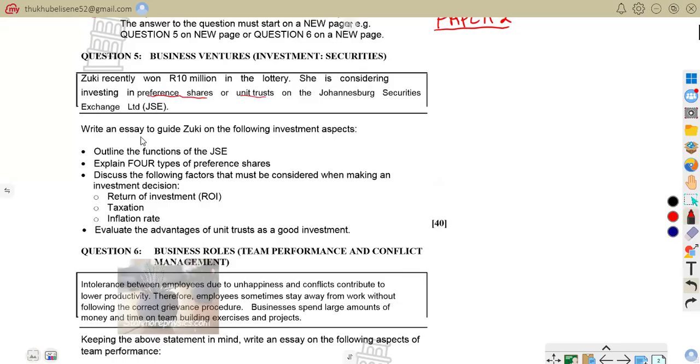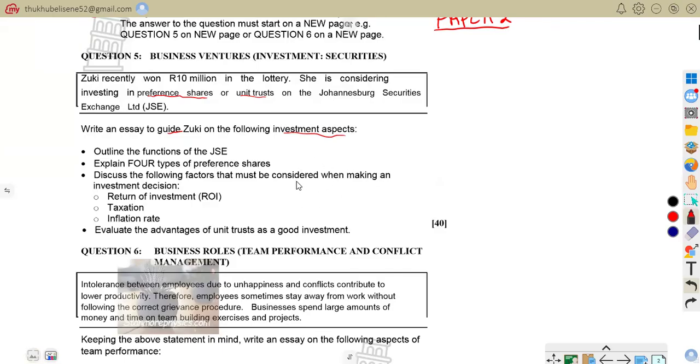Now we are to write an essay to guide Zuki on the following investment aspects. We are going to use these aspects to write our essay. Remember that the essay we are going to write, we are going to write it in point form. We are not going to write it in a continuous way, but in point form.